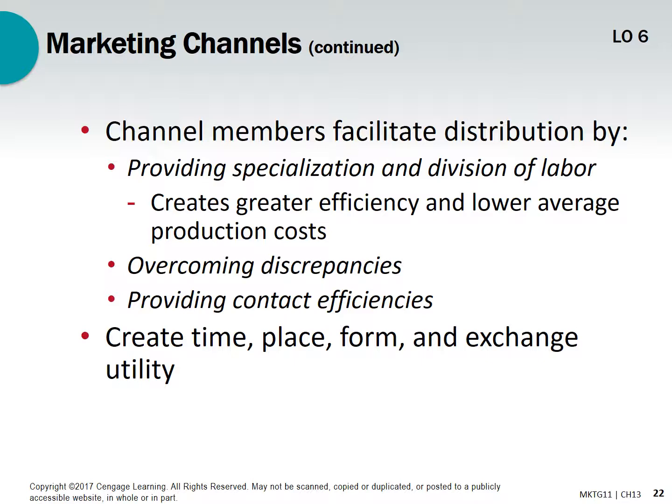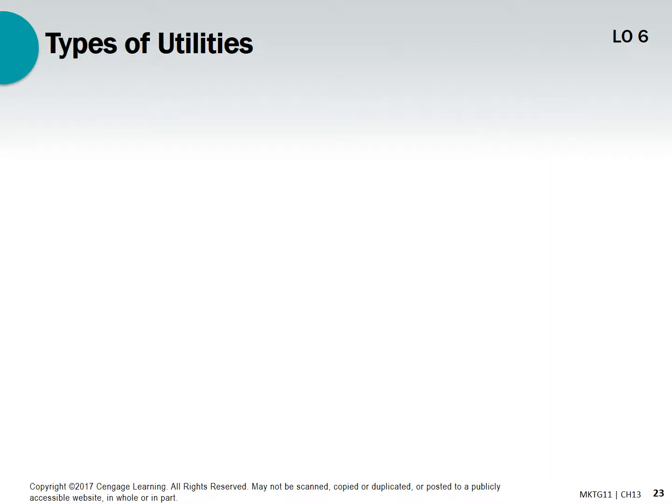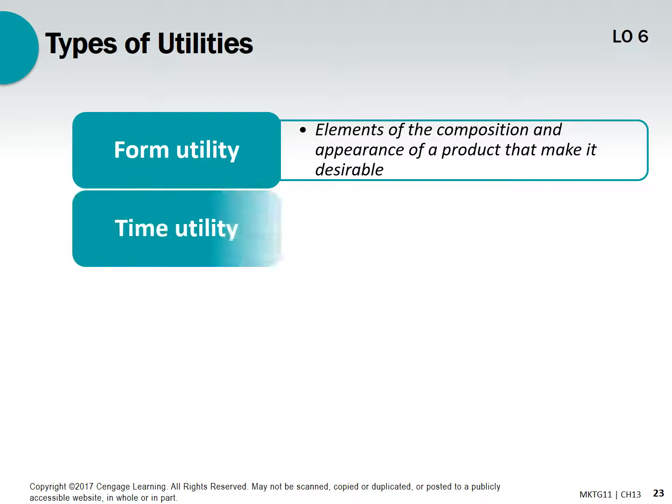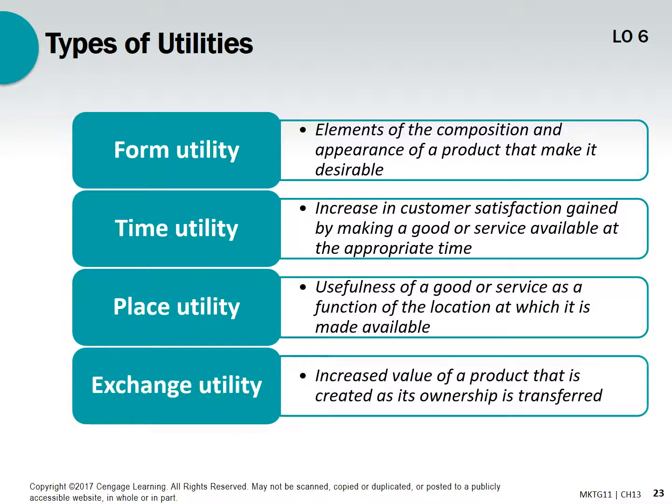As products move towards the final consumer, channel members facilitate the distribution process by providing specialization and division of labor, overcoming discrepancies, and providing contact efficiency. Marketing channels attain economies of scale through specialization and division of labor by aiding upstream producers in marketing to end users or consumers.